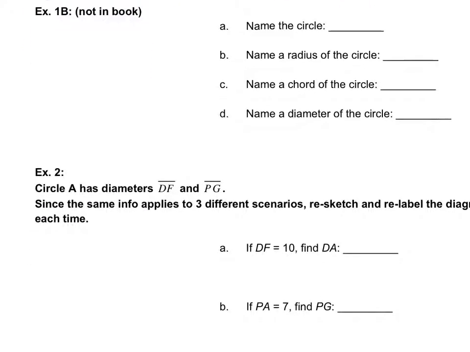And anytime there's a B next to the examples, just like in our trig unit, you're not going to be able to find the diagram in your book, because it's another one that I'm giving you. So here we go.